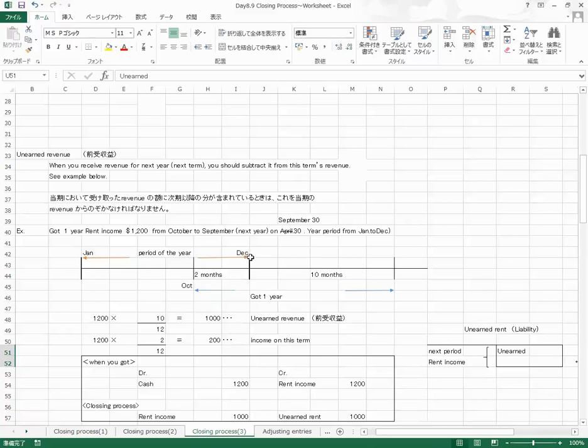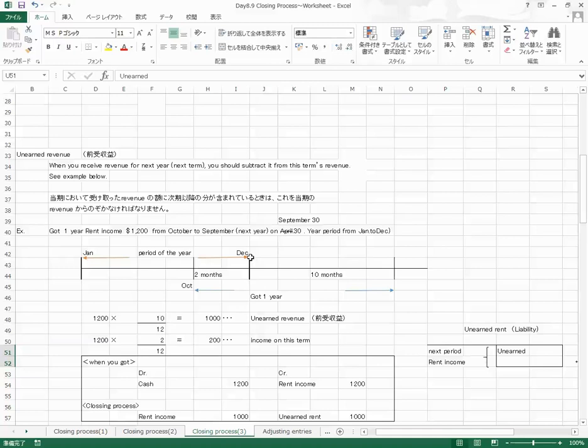What is the beginning and the ending of the term, the company will set the terms. Usually in Japan, we set April to March, but some companies set it to January to December. It is okay.